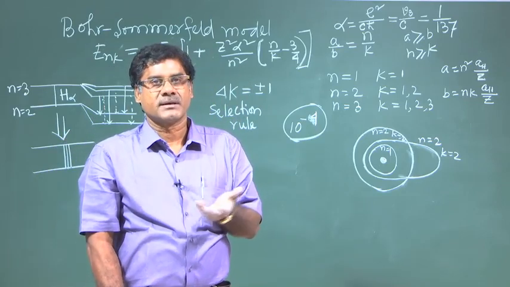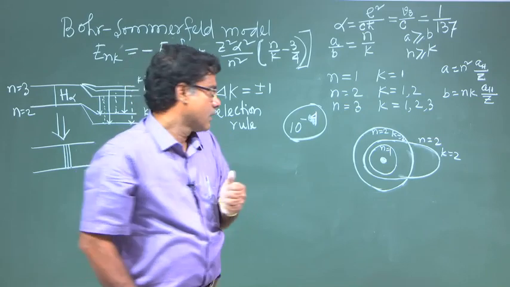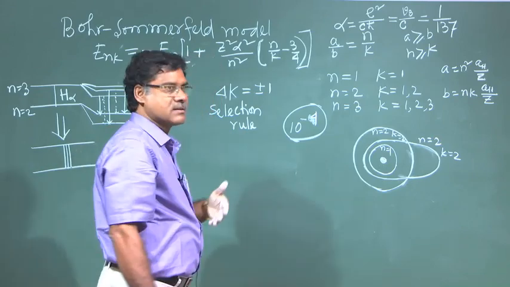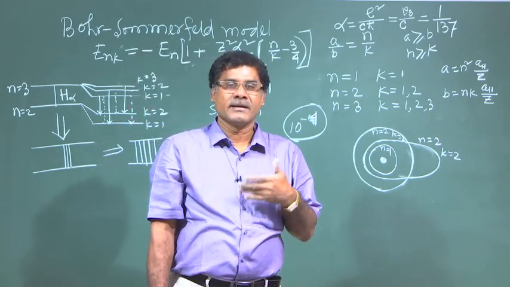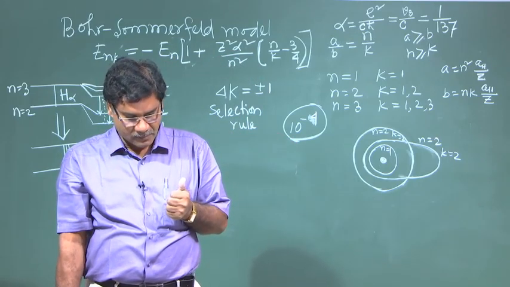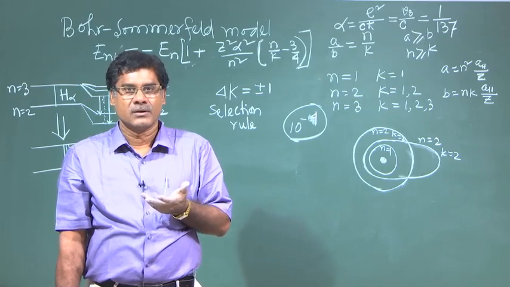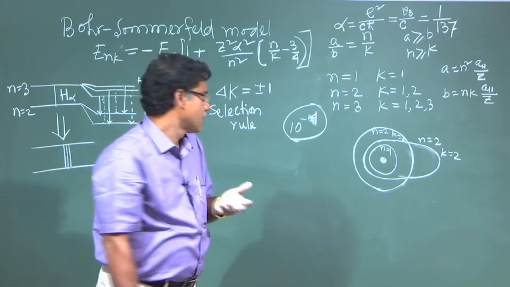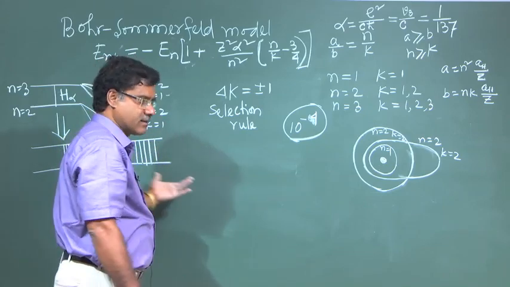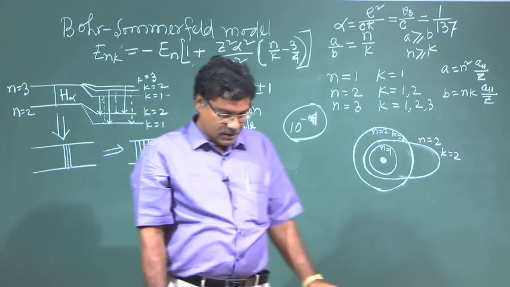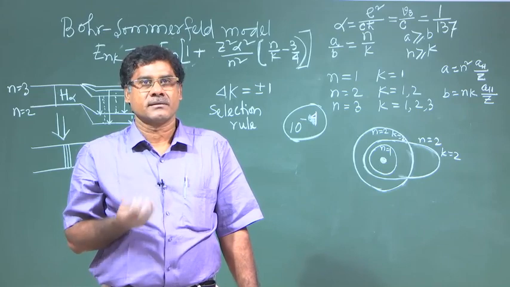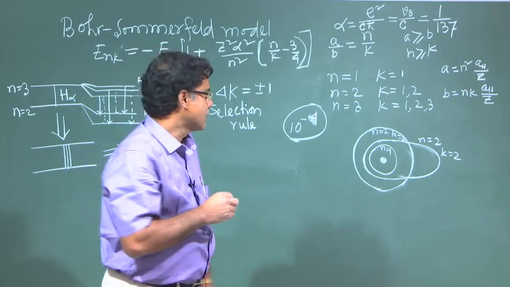We need more transitions. The Bohr-Sommerfeld model is again not yet the correct or full model which will be able to explain the experimental result, but still some more lines we need, meaning we need more quantization.